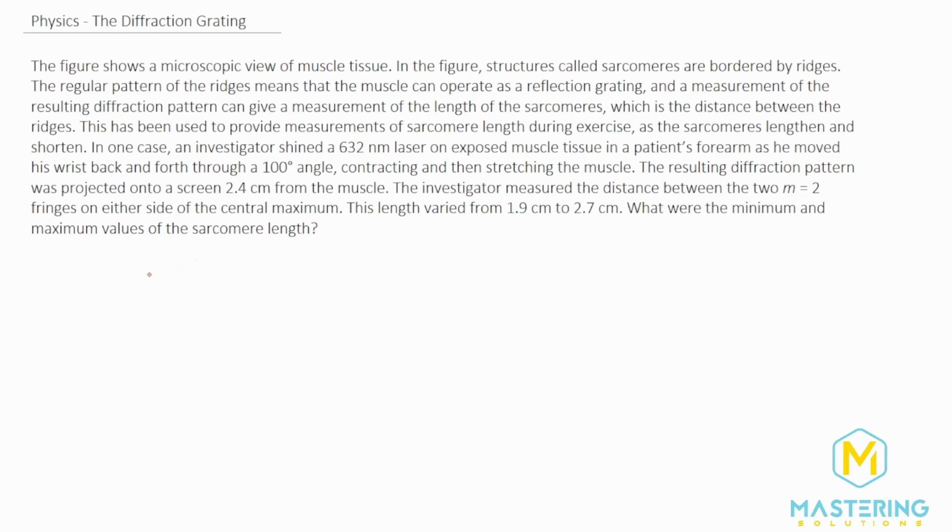So we're going to use y is equal to L tangent of theta, but we don't have d in there, and that's what we need, right? So we're going to have to use some other equations as well. We're going to use sine of theta is equal to m lambda over d. Now we've done this in several of the other equations.